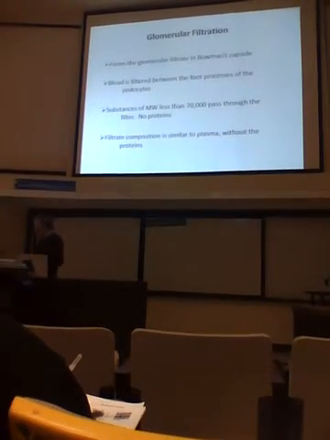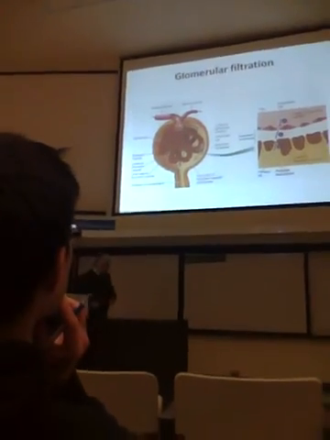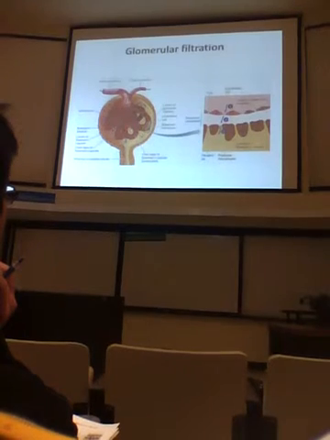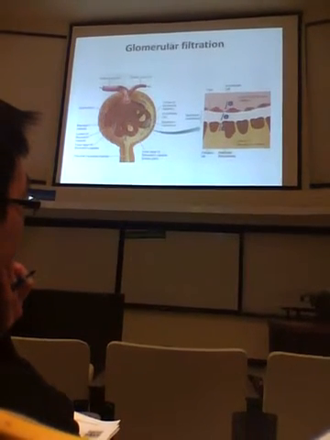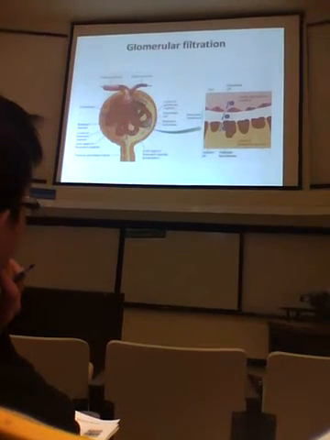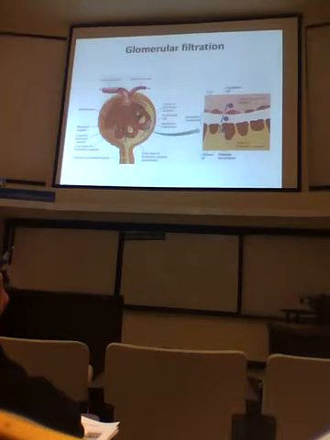So what's this second point all about? Well, we need to have a close look at the Bowman's capsule and the glomerulus. Remember, this is a cartoon, a diagram to show you the relationships of the different cell types in the filter. So here's our blood coming in.